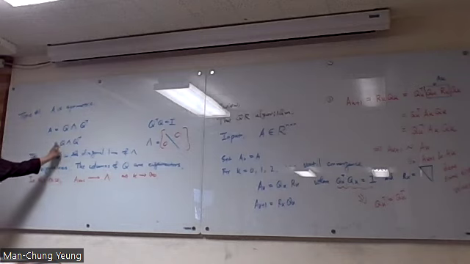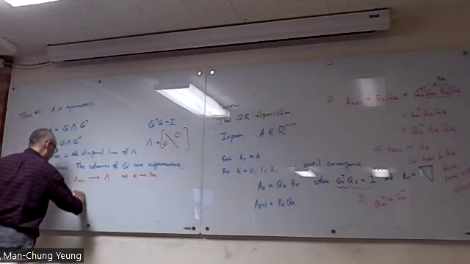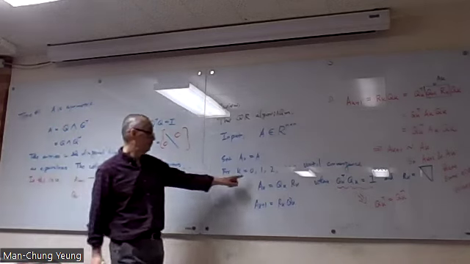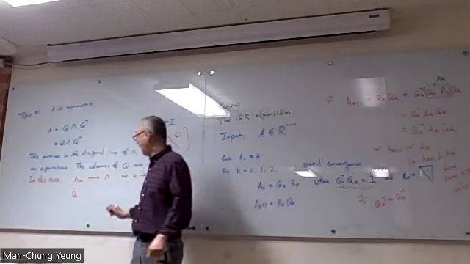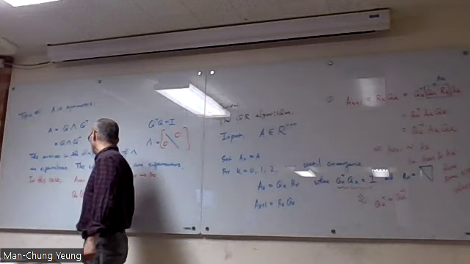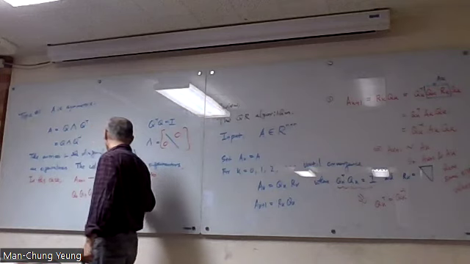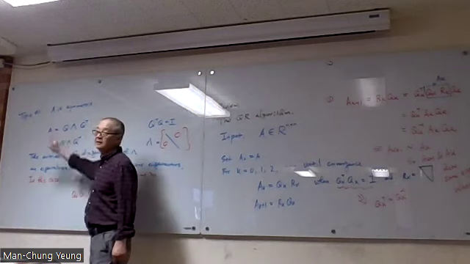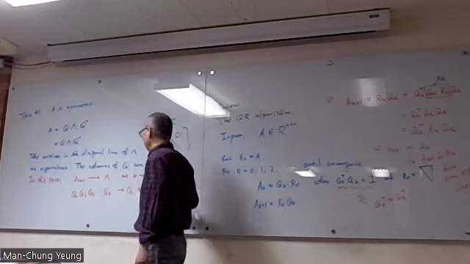Then how to find Q? Easy: Q0 times Q1 times Q2 times up to Qk will approach this Q as k approaches infinity.